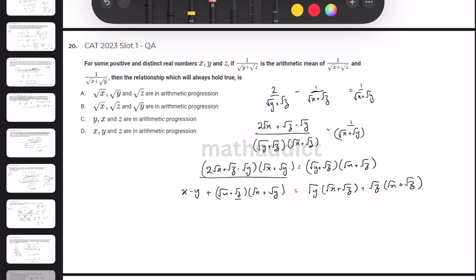So root z into root x plus, okay, sorry, wait, root x plus root z times root y gets cancelled.